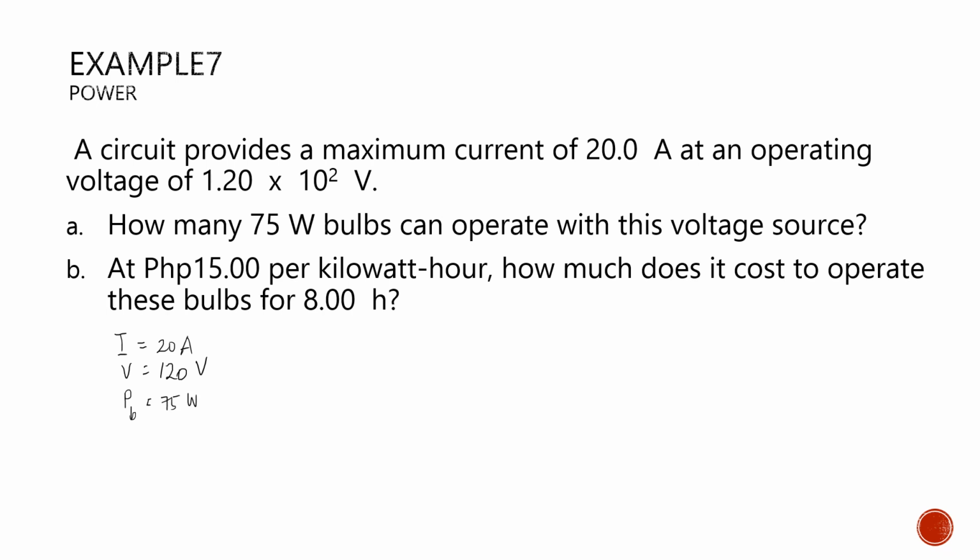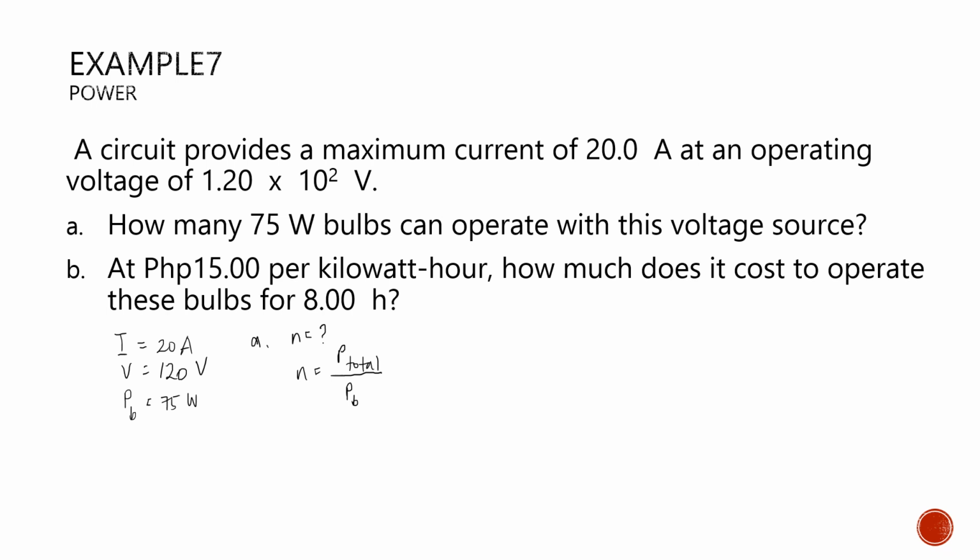So for letter A, we're going to solve for the number of bulbs that can operate with the voltage source. Let that value be N. So N would be computed by dividing the total power that the voltage source can give by the power rating of each light bulb.